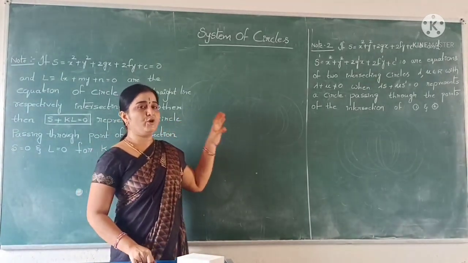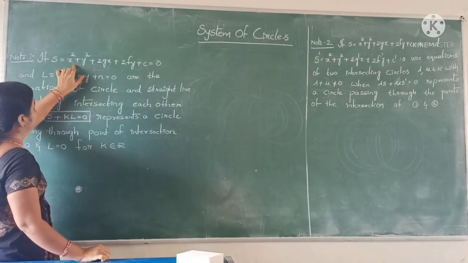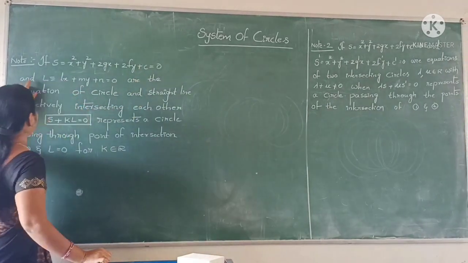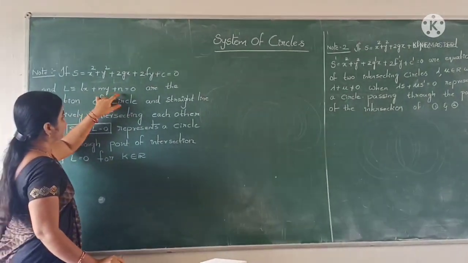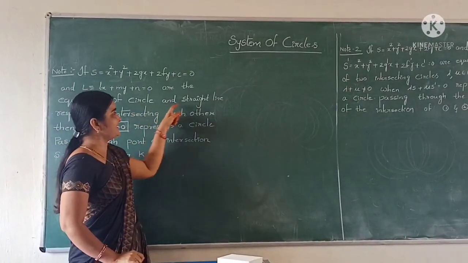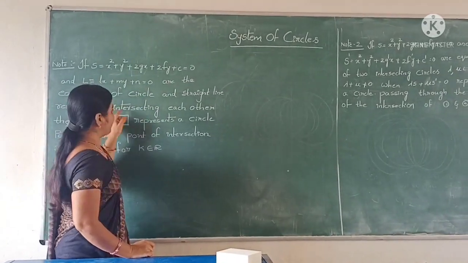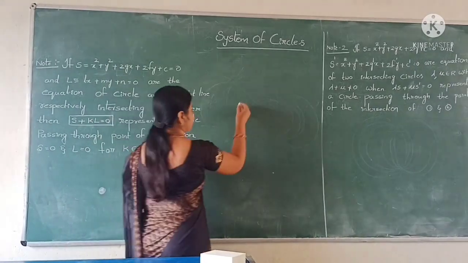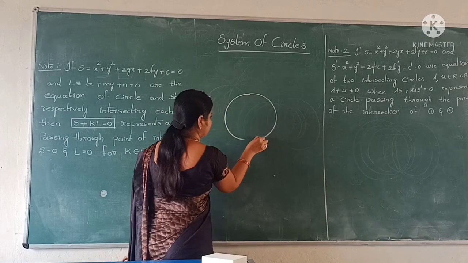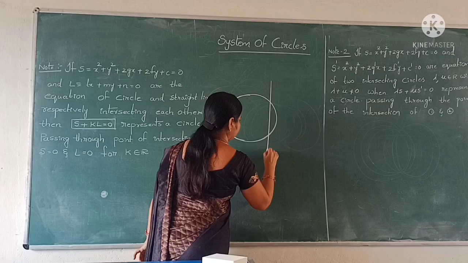One more observation is there: if S equals x square plus y square plus 2gx plus 2fy plus c equals 0 and L equals lx plus my plus n equals 0 are the equation of a circle and a straight line respectively, intersecting each other. I have to draw the circle.